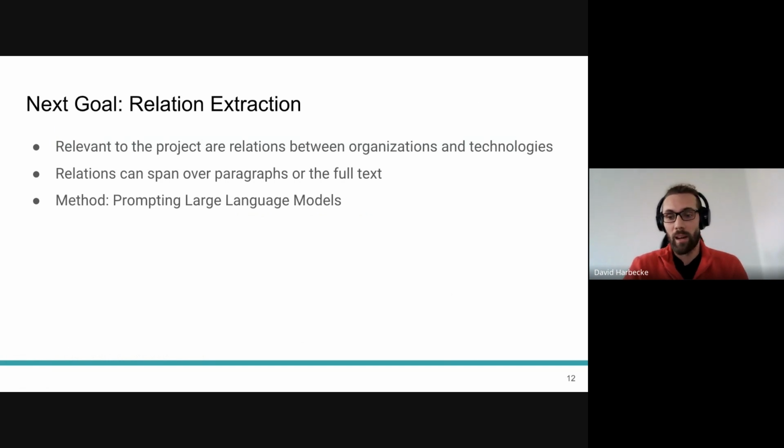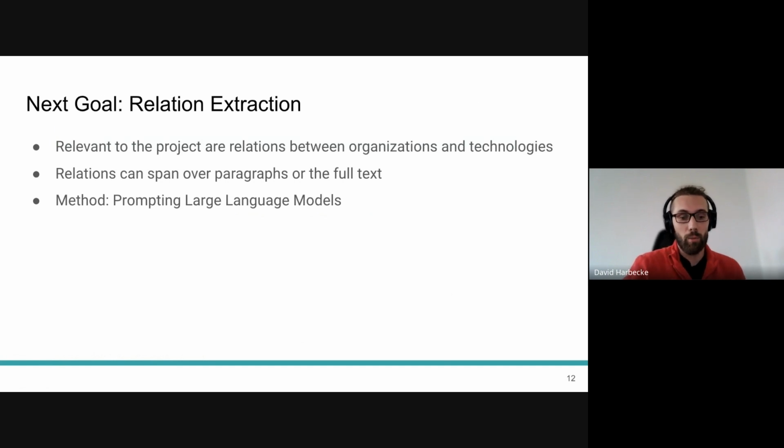These relations are unfortunately difficult to detect, because unlike named entity recognition, we can't just look at single sentences to determine whether a relation is there between an organization and a technology, because the relation can span over multiple sentences. An organization can be named in the beginning or end of the text, and the relevant technology can be somewhere else in the document.